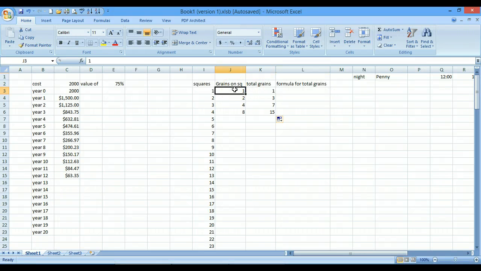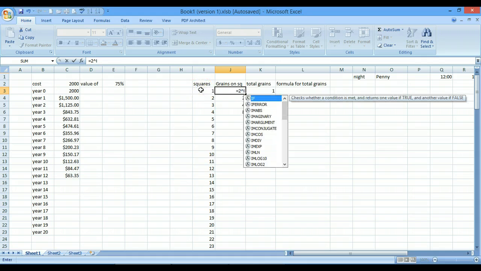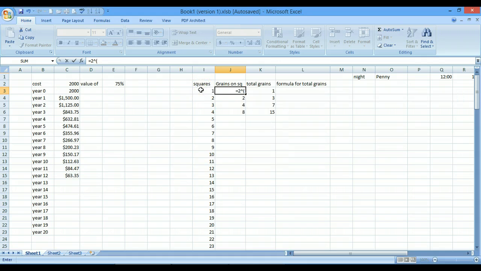All right, now let's go ahead and find some formulas. So this is 1, 2, 4, 8. All of these are from the base 2. 1 is base 2. I can put equals 2 raised to the 0. Or in this case, I could say my square, actually let's put that in parentheses, the square minus 1, because 1 minus 1 is 0.